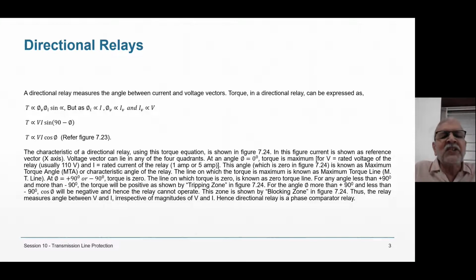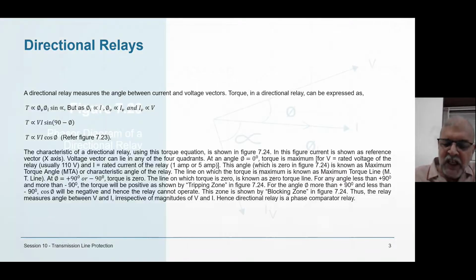If I take the x-axis as a reference, then in the first quadrant phi is less than 90 degrees, and in the fourth quadrant, too, the torque is still positive, because cos is positive in the first and fourth quadrants. In the second and third quadrants it will be negative. That is how I am measuring the angle phi between the two quantities V and I. You can read this at your convenience by pausing the video.